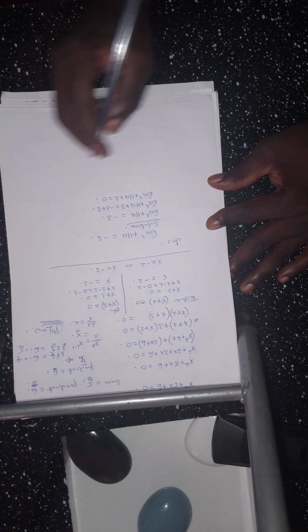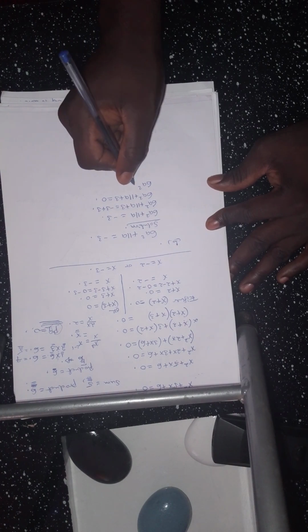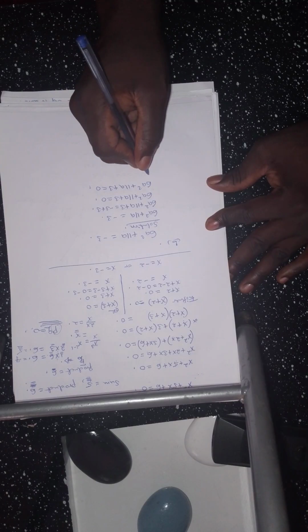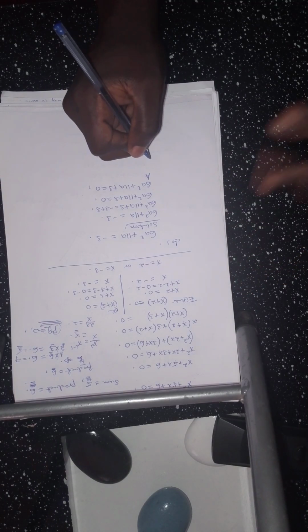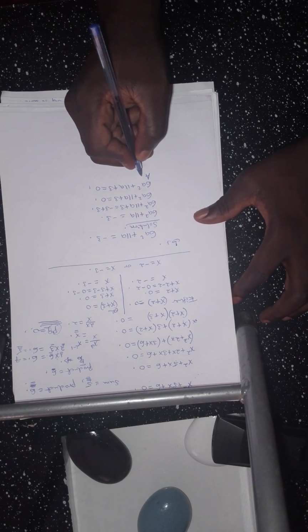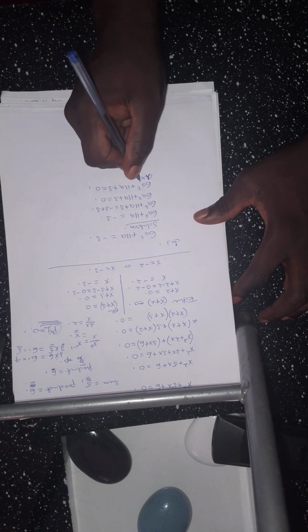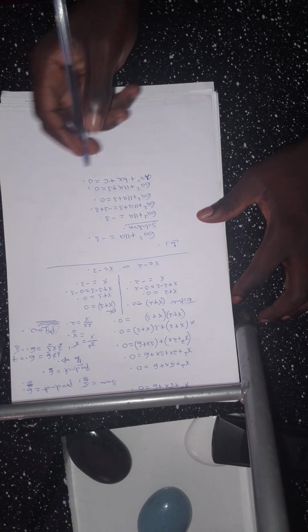After equating it to 0, write the general form of a quadratic. So our 6a squared plus 11a plus 3 is 0. But the general form is, now, because this one is in terms of a, we are not going to use ax squared plus bx plus c is equal to 0.